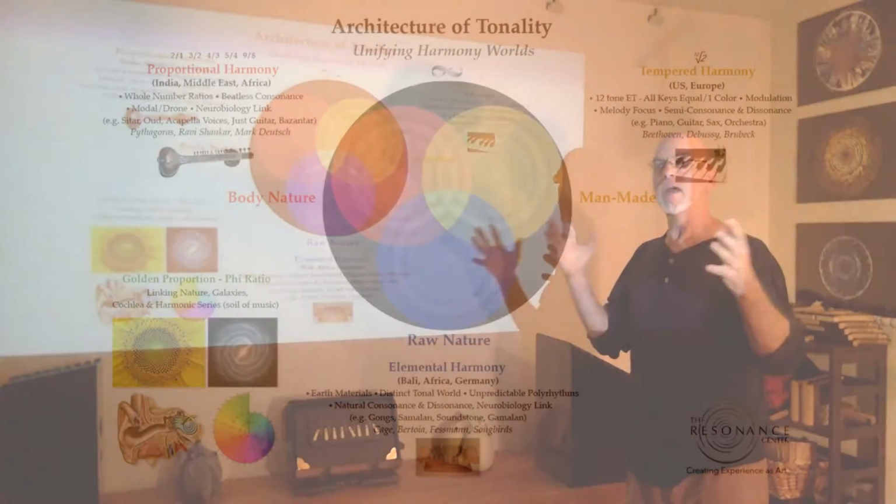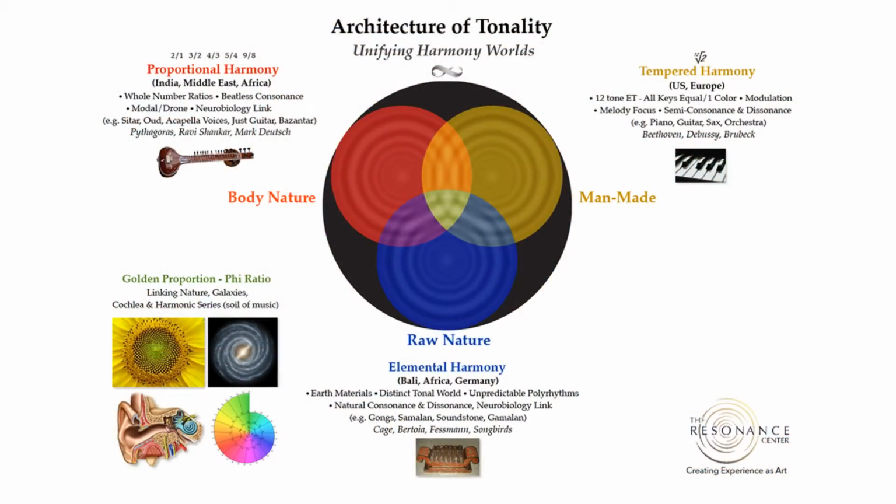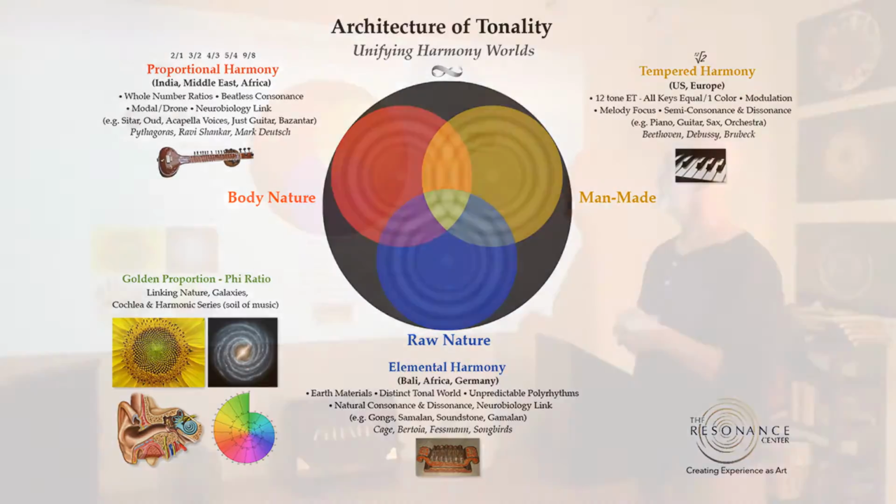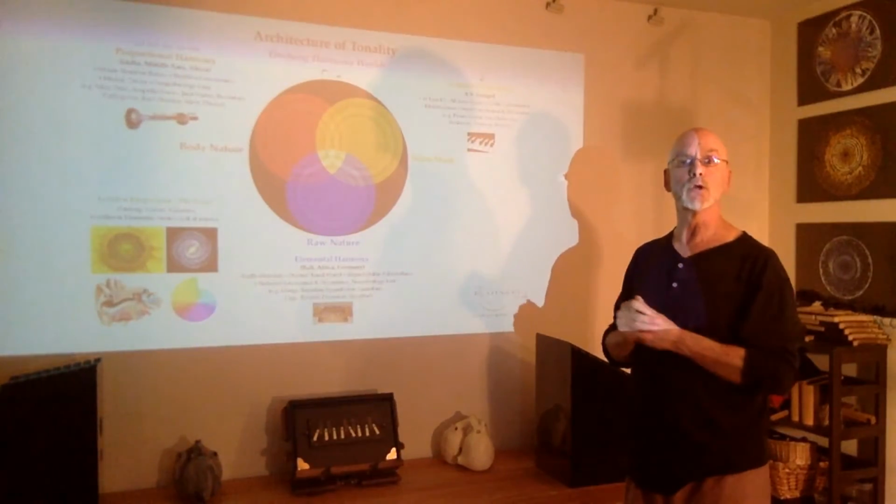And all of that can bring a deeper resonance within our world if it's thought through. And this architecture of tonality, we're hoping can contribute to that relaxing of this societal battle and start to think of things in a more whole way. So that's why we call it Unifying Harmony Worlds.